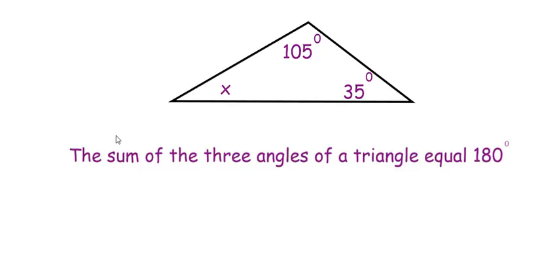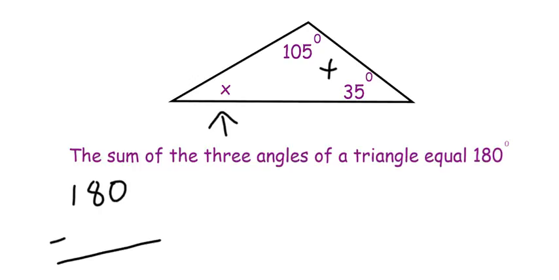So if we put this into practice, we could solve for x here. If I add these two together and then subtract them from 180, because that's the total, I should be able to get an answer.